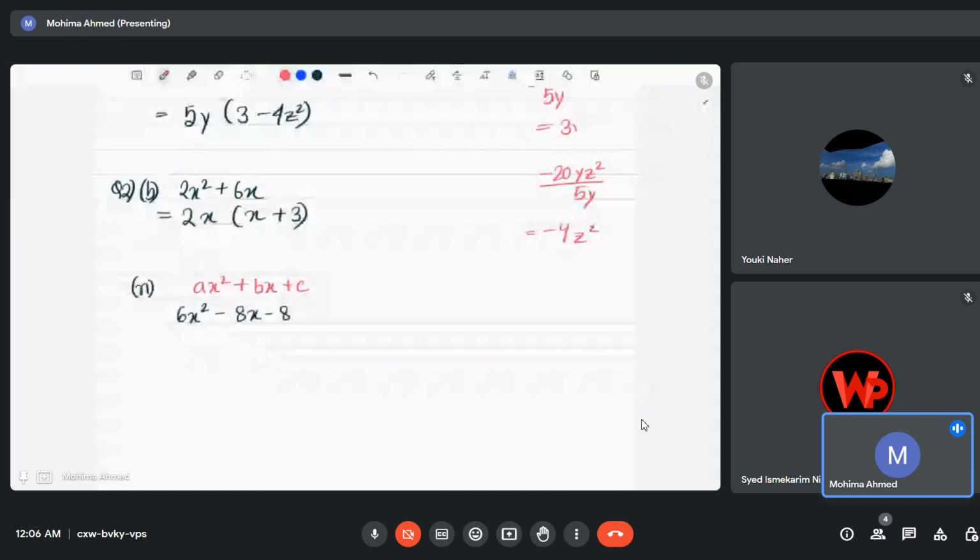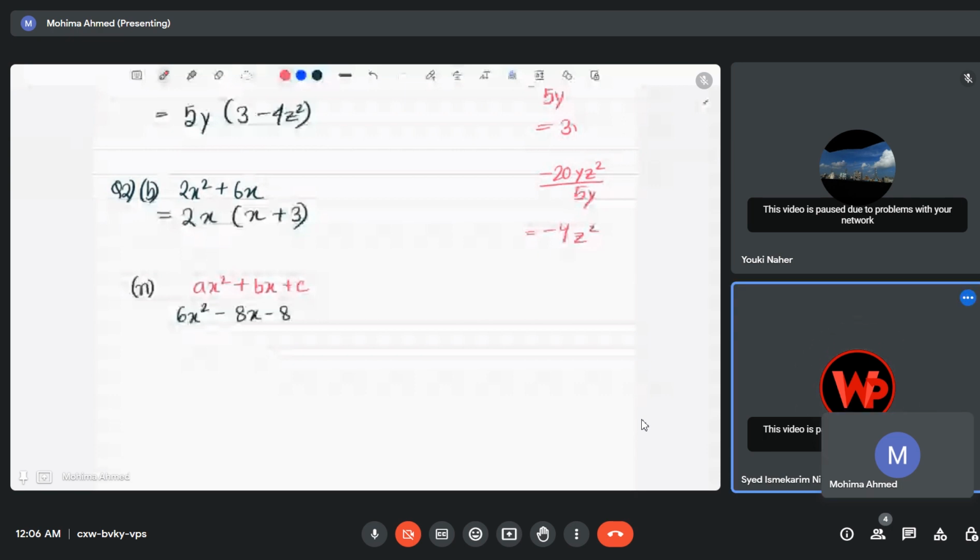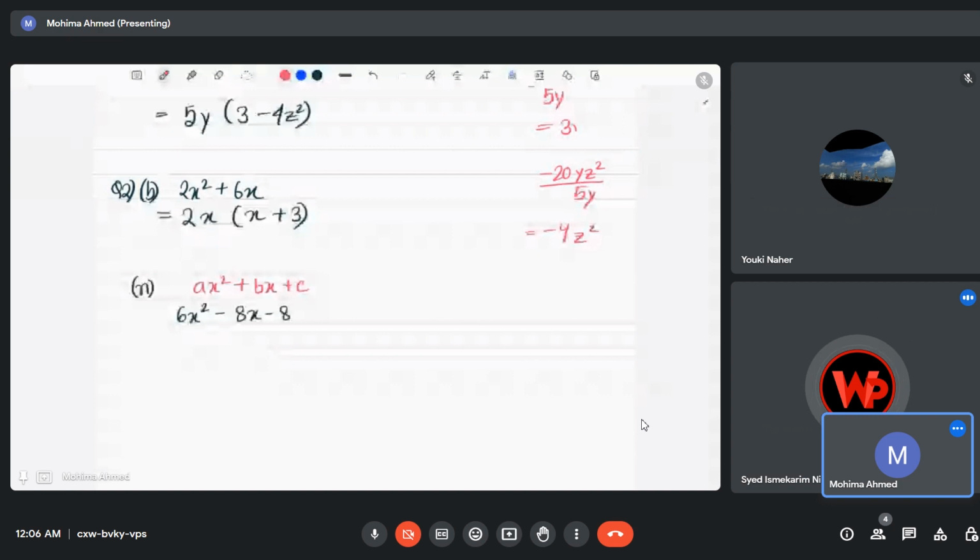I know Yuki can, but Niloy, can you please tell me, are you aware how to find the value of x1 and x2 using the calculator? Yes, Miss, I know. Okay, then please find out the value for x1 and x2. Okay.